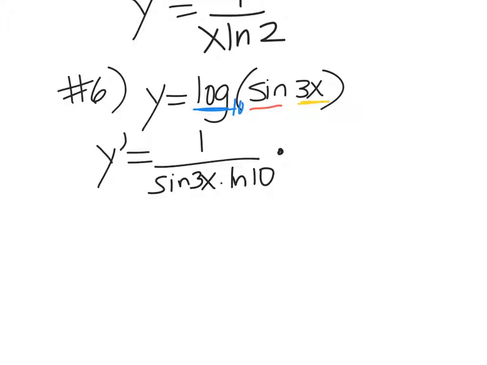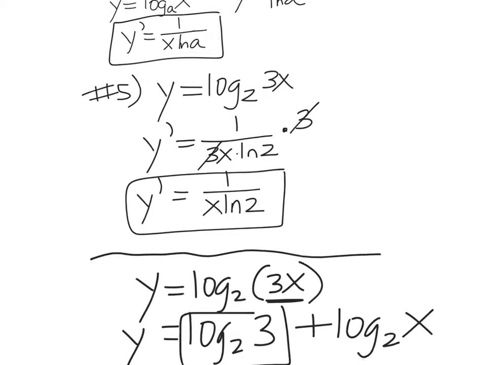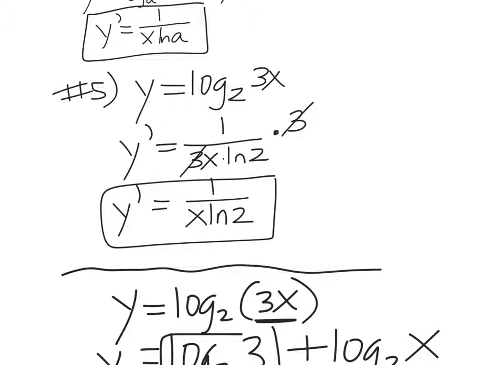Times sine of 3x. You're not to change anything on the inside. So when you do chain rule, you're taking the derivative of this outer part first. You leave the inside completely alone. On the other one, when you said log base a of x, it's only x times the natural log of a because it's only x.